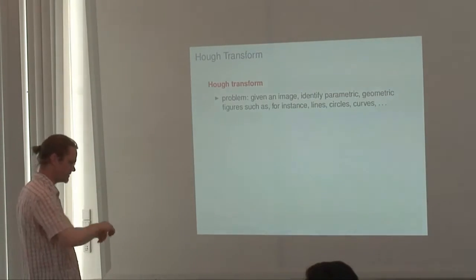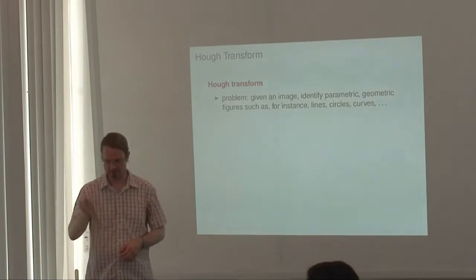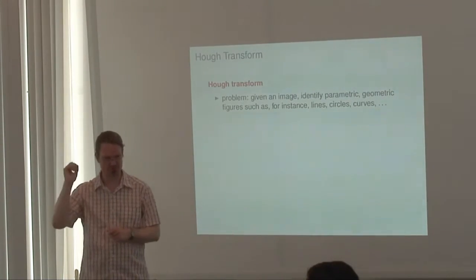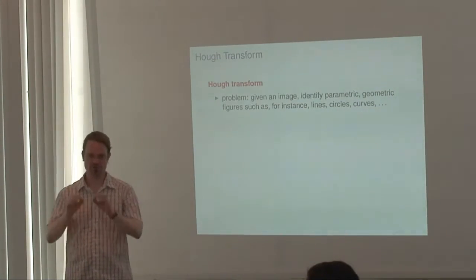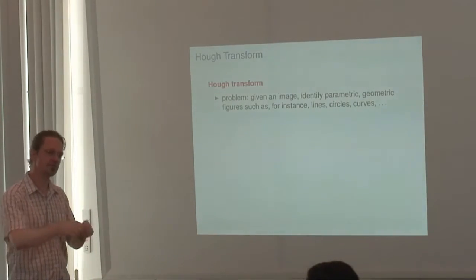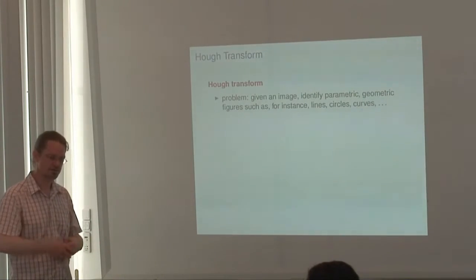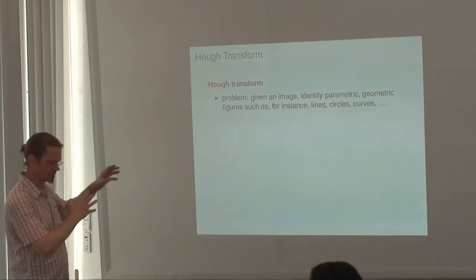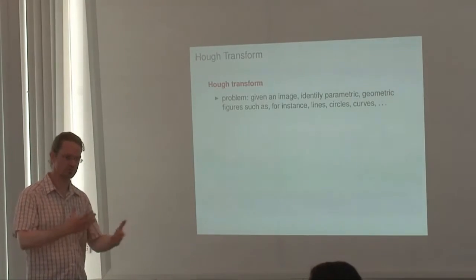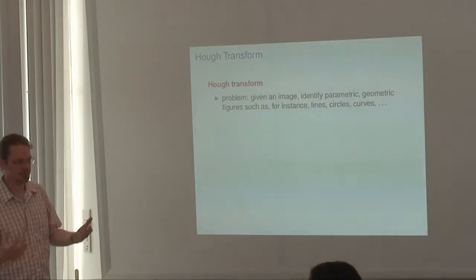Can we identify structures in an image where you would say this is a line with a certain slope and a certain offset, or this is a circle with a certain radius and center point? We can easily write down equations that describe lines and circles. Is there a way for us to find objects in an image that meet certain mathematical equations?